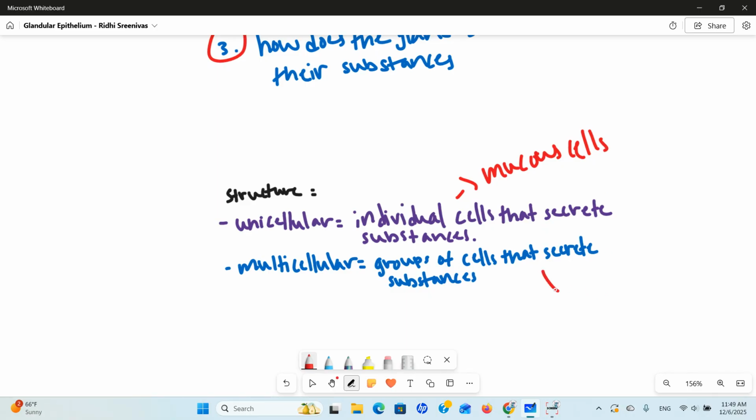And an example are the salivary glands. Remember, unicellular is one cell, individual, just one, and multicellular refers to many. So unicellular, one cell, individual cells; multicellular, many cells, groups of cells.